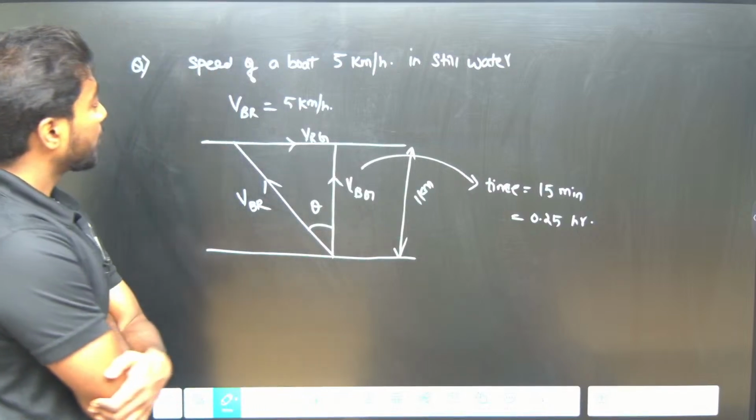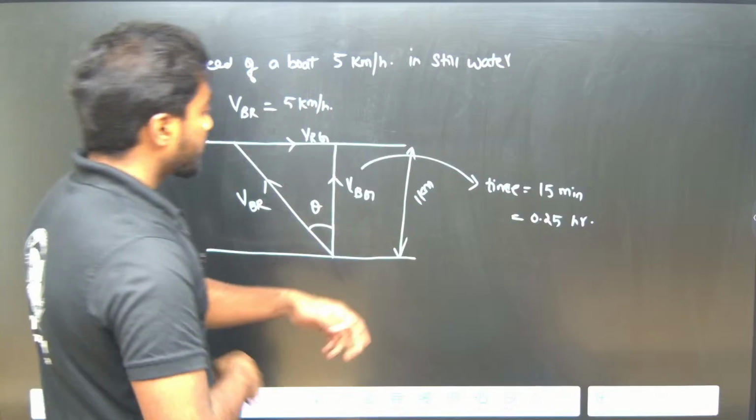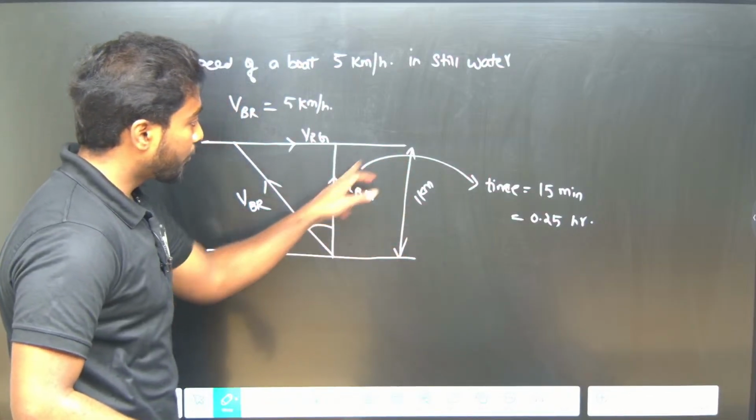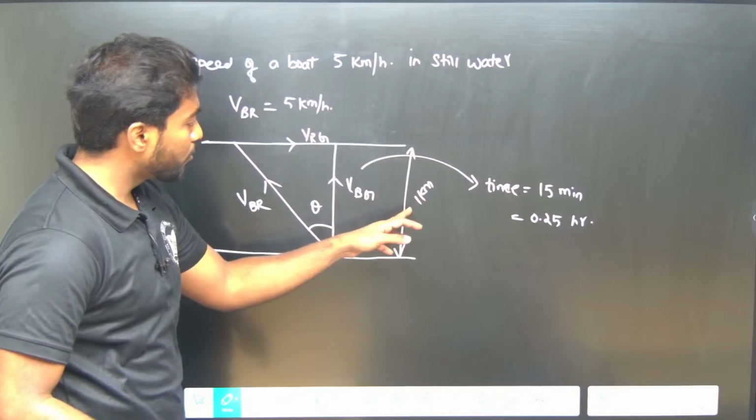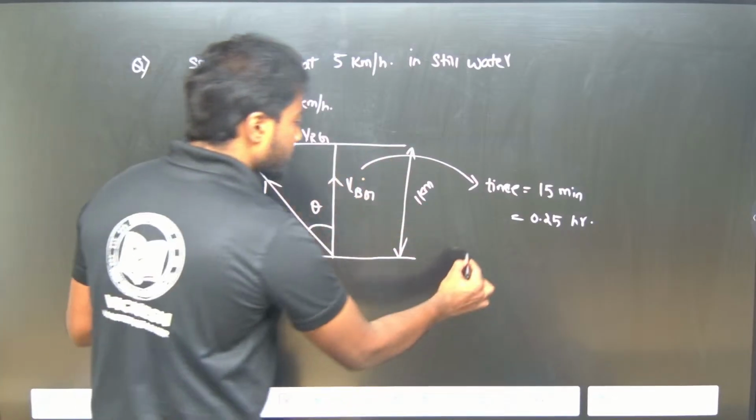So I can find it easily. 1 km, 15 minutes. So I can use velocity equals displacement by time first.